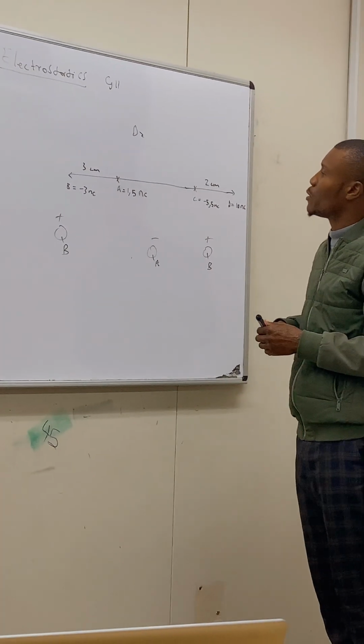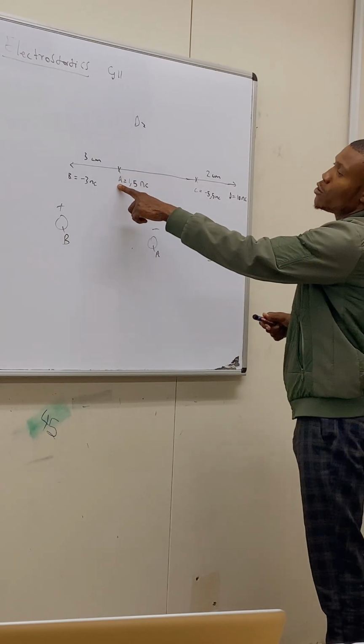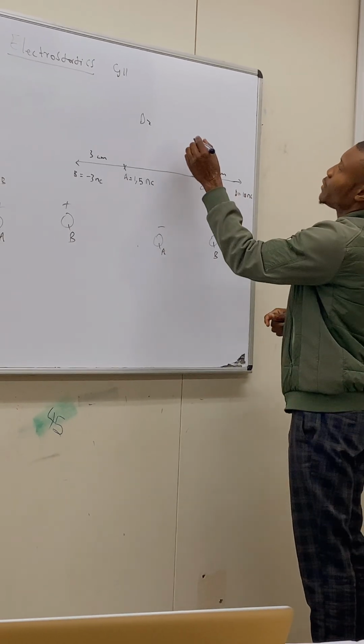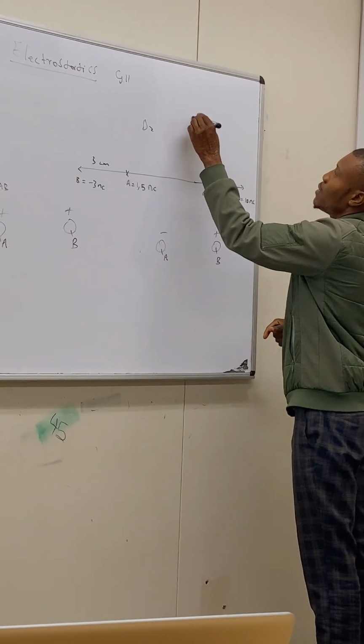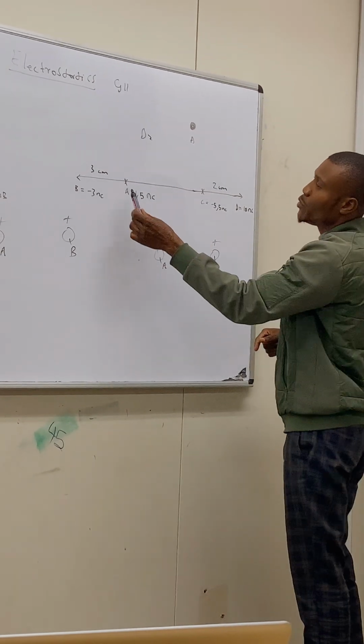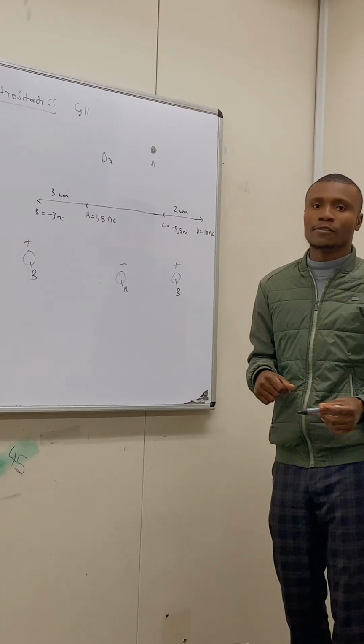For diagram number 2, we are also checking the free body diagram for A due to B, C, and D. Now if you write a free body diagram here, this dot represents A. The relationship between A and B: A is positive, B is negative.